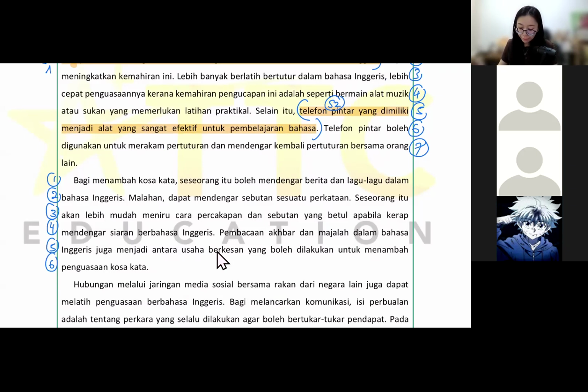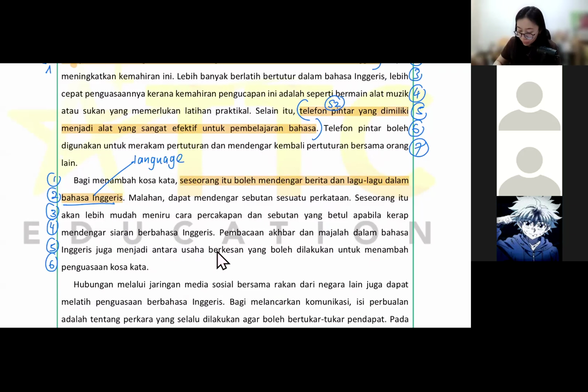Line number 1. Right? So you can say seseorang itu boleh mendengar berita dan lagu-lagu dalam bahasa English. You see, the B and I, B is small letters. The I is capital letters because B, I, this one is a language. So if you have a subject, then B and I will be capital letters.